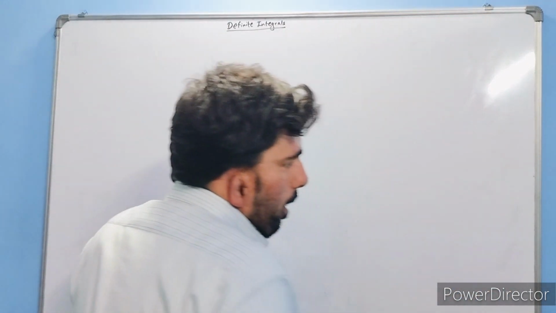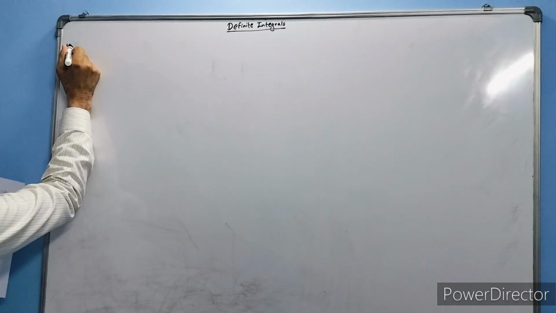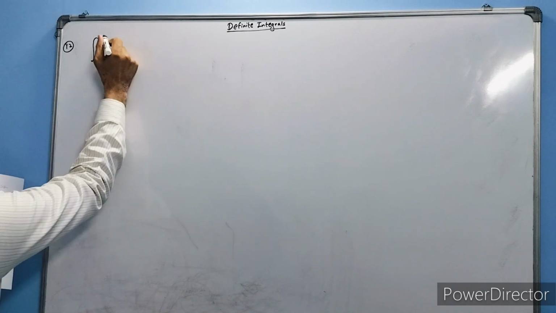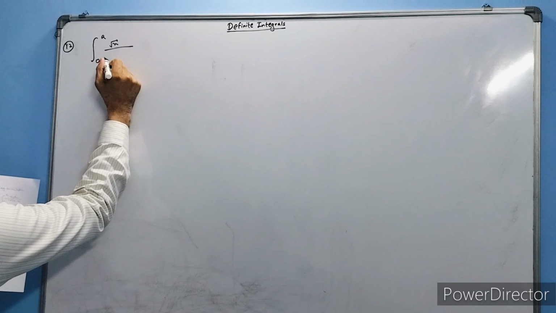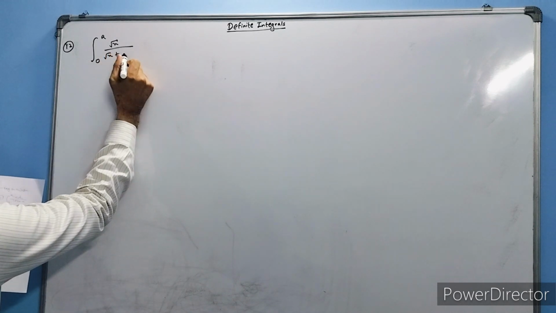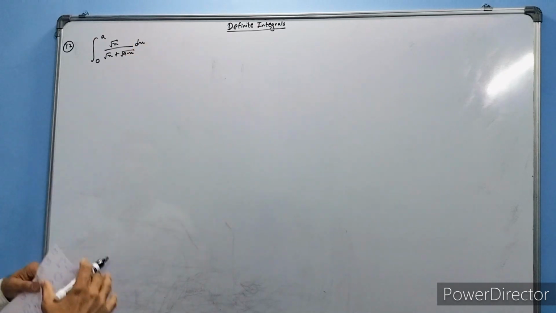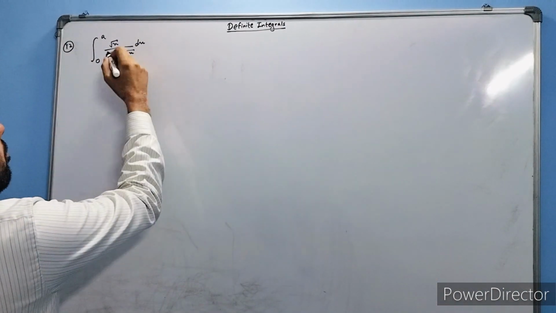So now let us see, I have in my hand the 12th question, that is integral 0 to a of root x upon root x plus root a minus x dx. Okay, so now let's try to solve it by using the property.